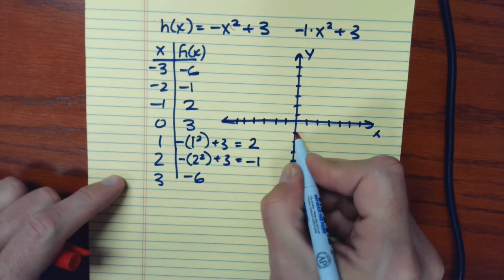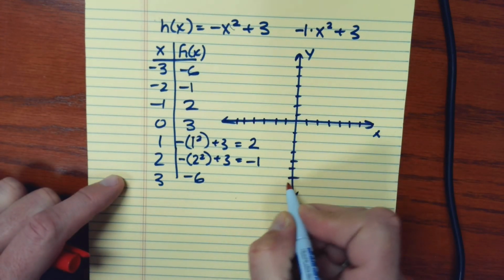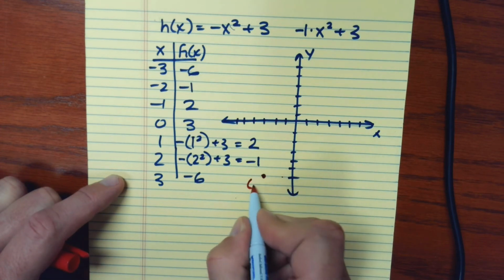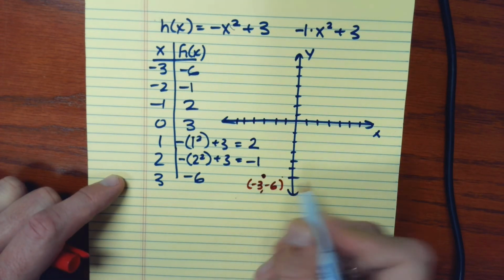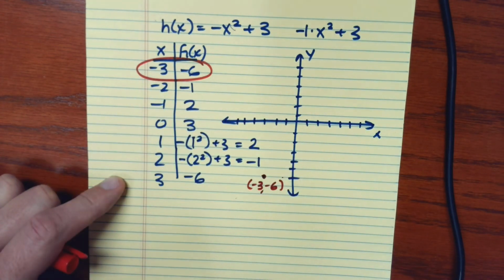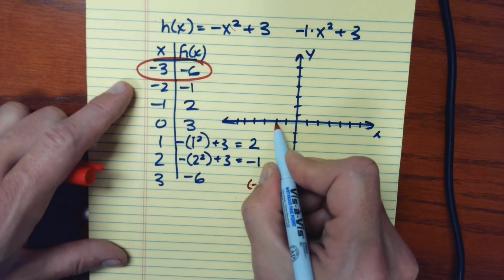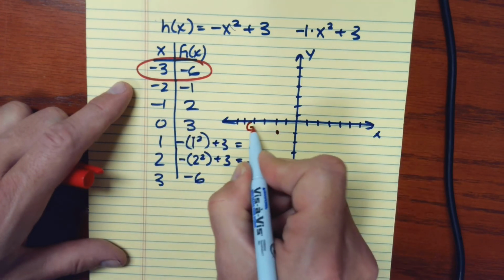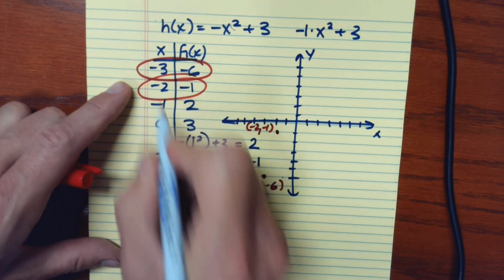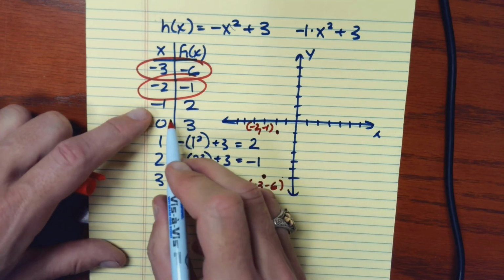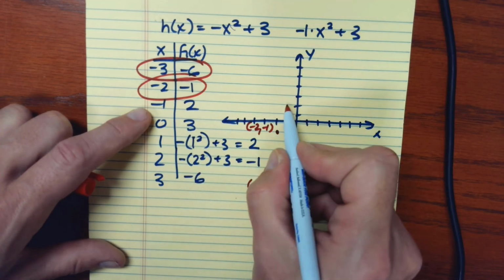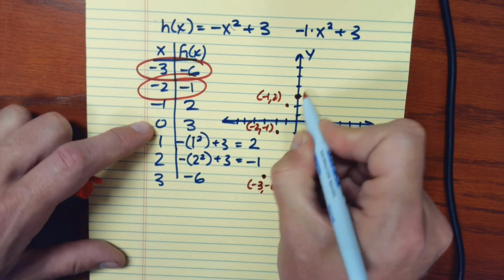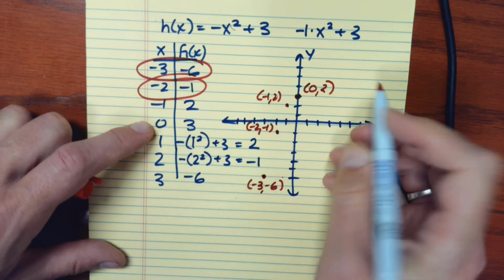So about here, that's -3, -6. That's for this ordered pair. -2, -1 is here. That's this pair. -1, 2 is here. And then the point 0, 3 is there.